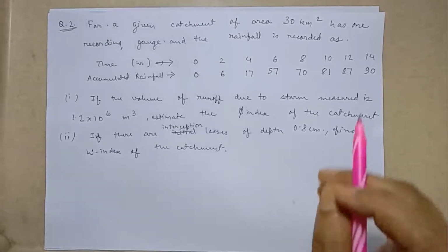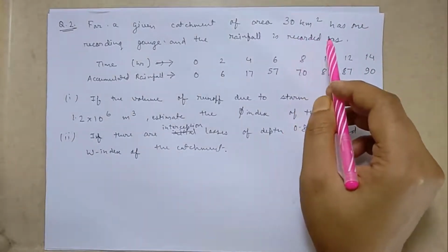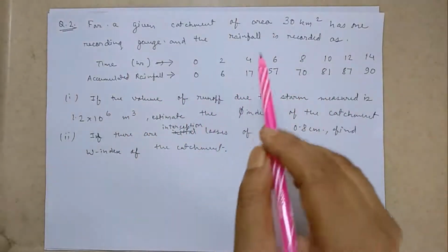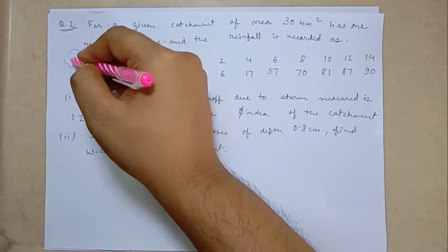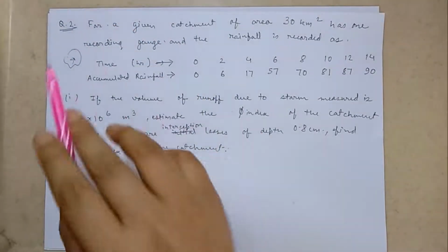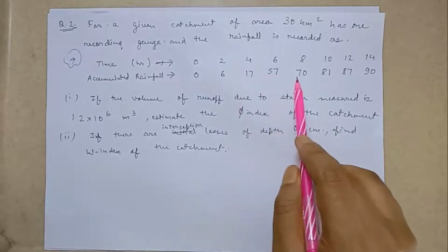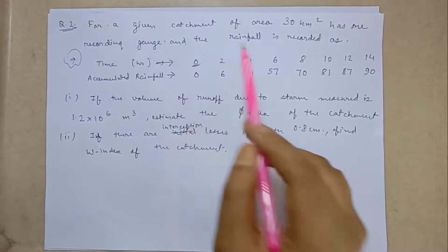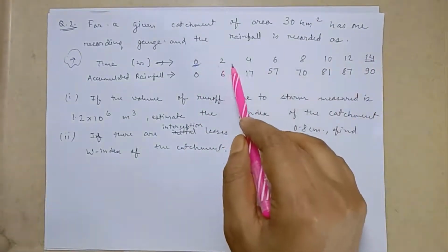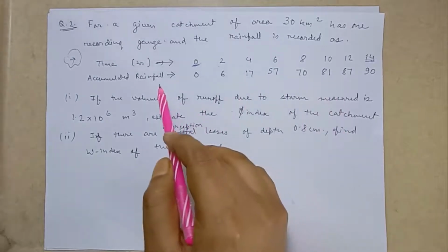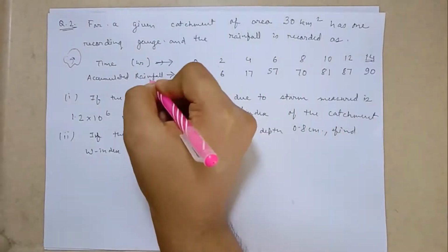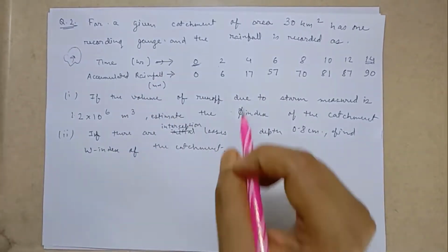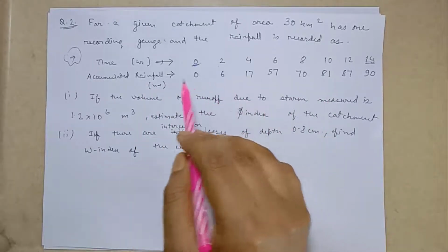For a given catchment of area 30 km square, there is one recording gauge and the rainfall is recorded like this. From the time of 0 to the 14th hour, at an interval of 2 hours, it measures rainfall, and we have the accumulated rainfall, most probably in millimeters.